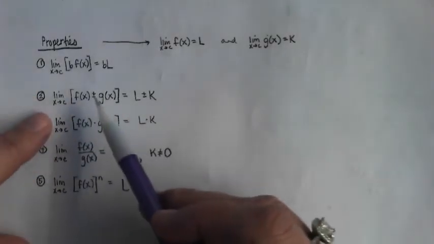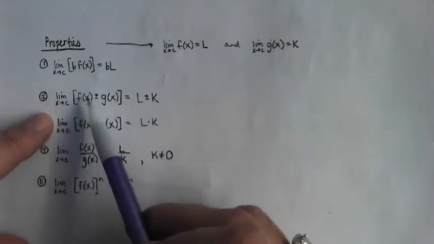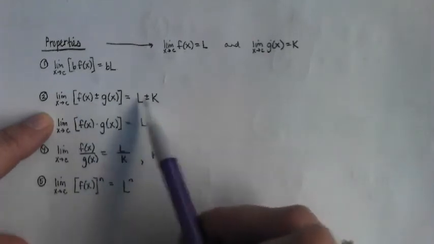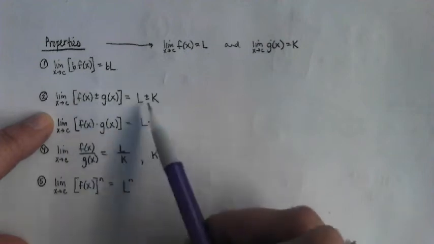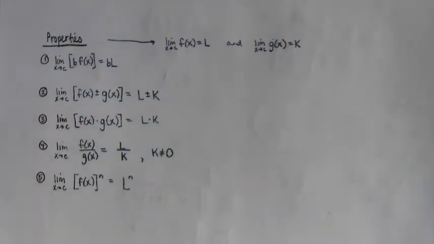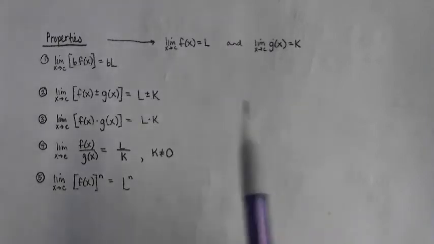The addition subtraction, you can kind of split it up, so you can take the limit of f of x separately and the limit of g of x separately, get your L and K, and then add those together if it's a plus, or subtract those if it's a minus sign. This book also condensed those plus and minus properties into one, which the PreCalc book kept them separate.